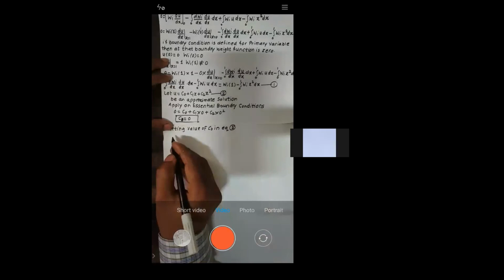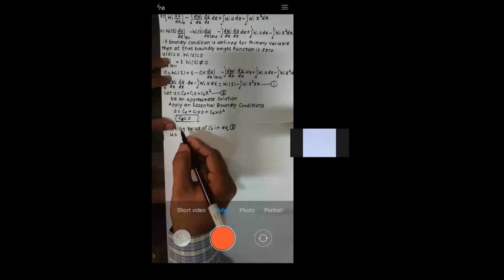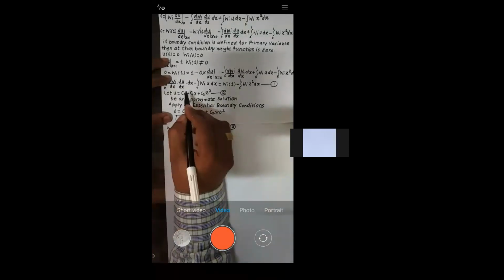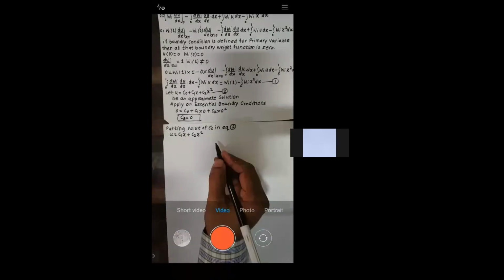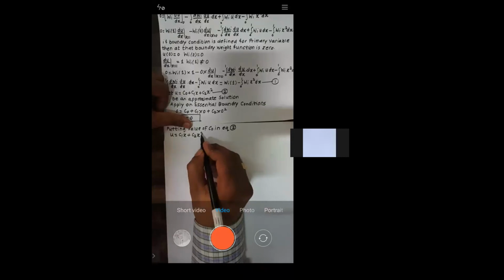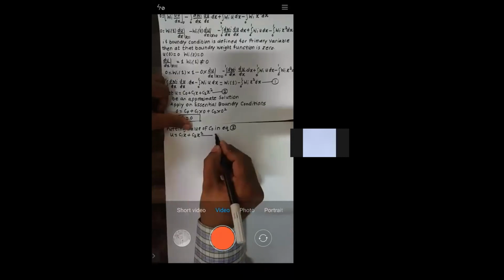I will get the value of u as C1x plus C2x square. Yes or no? u is equal to C1x plus C2x square. Is it okay? So let me call this equation number 3.